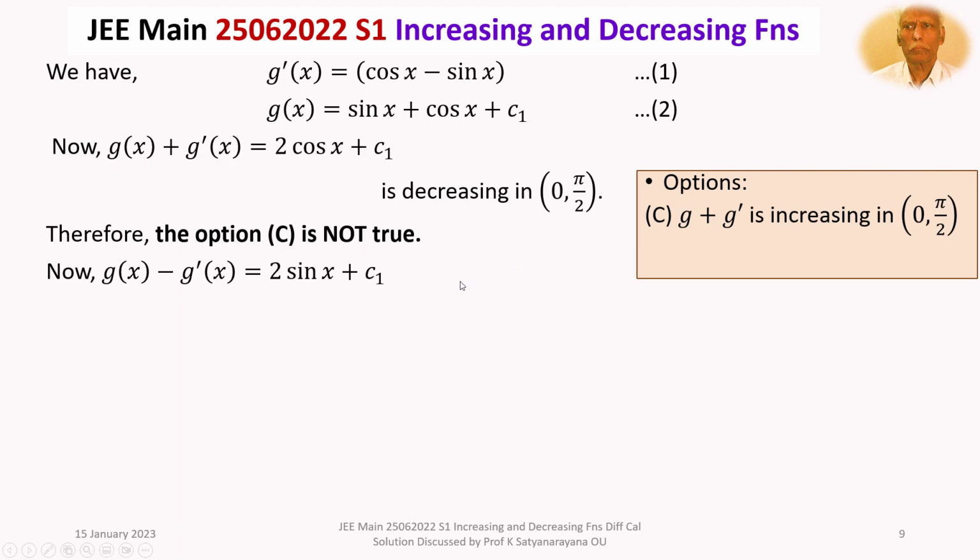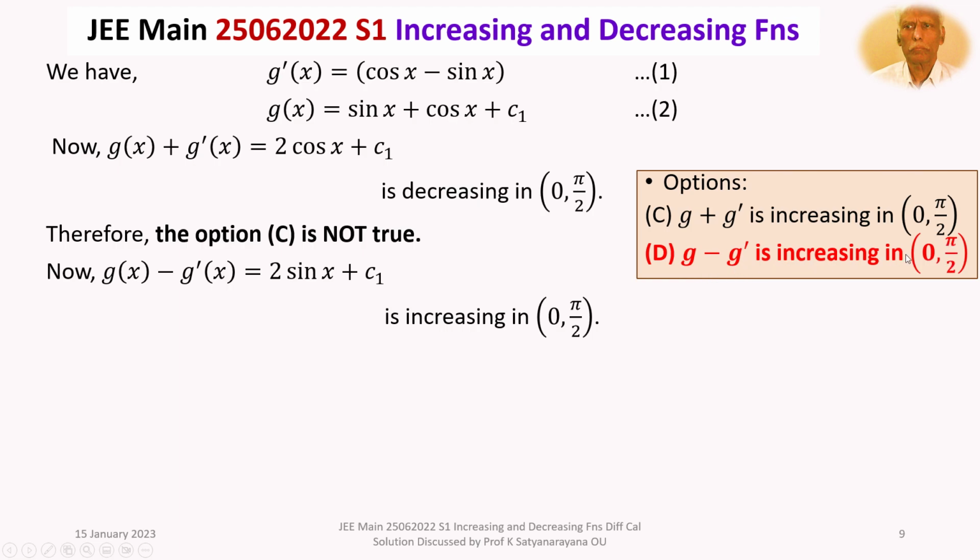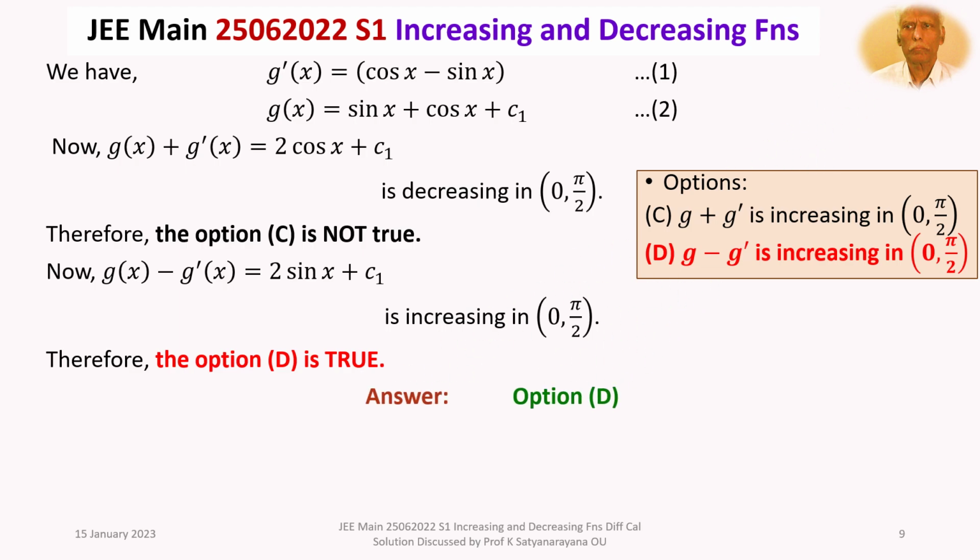And this is increasing in 0 to pi by 2. Sin increases in the open interval 0 to pi by 2, cos decreases in the open interval 0 to pi by 2. So what is given to us? Option D, g minus g prime is increasing in 0 to pi by 2. Yes, this is true. Therefore, option D is true. So the answer to this question is option D.